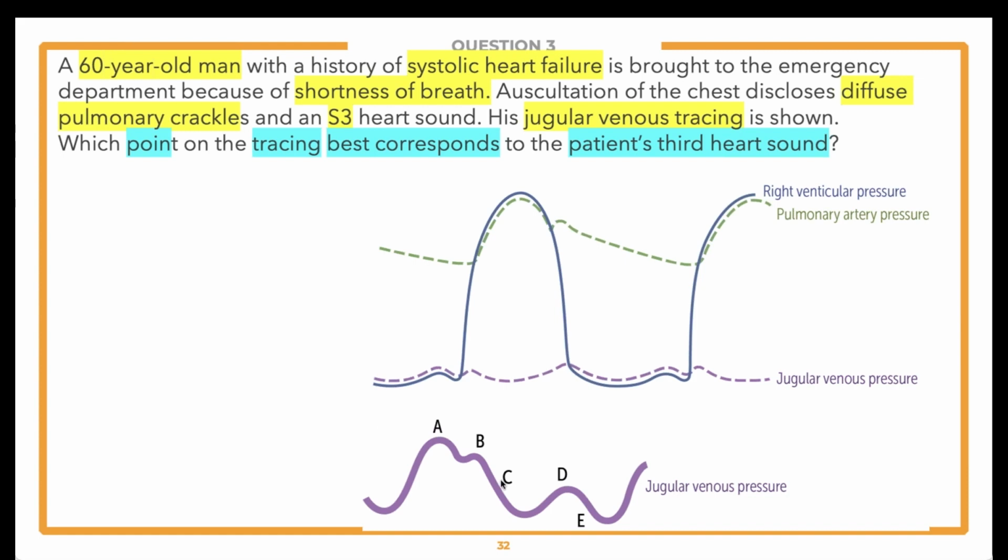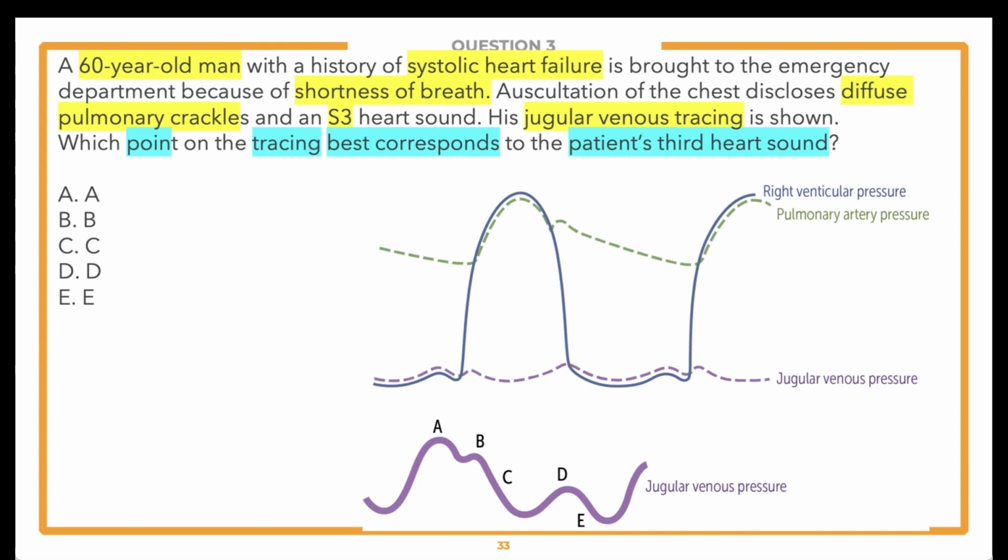So let's go ahead and take a look at those answer choices. As you can tell, it's just going to be A through E. So let's go to the next slide here. We'll leave the diagram up for you and open up the poll here in just a minute so you can lock in your answers. Again, take a look at the jugular venous pressure diagram here at the bottom. You can see the labels A, B, C, D, and E. Look at where they are according to the tracing.